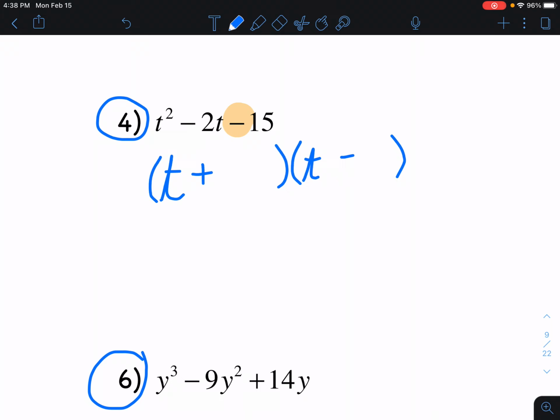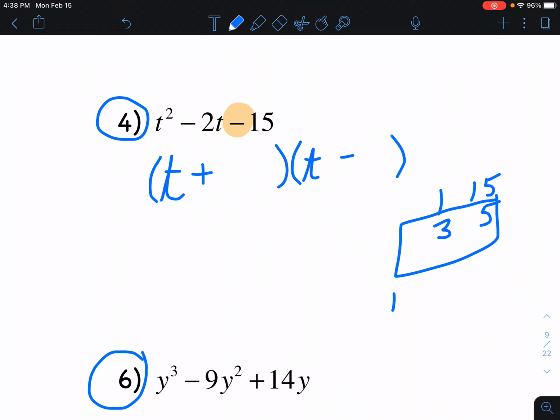Well, let's list the factors of 15. 1 times 15 and 3 times 5. Well, it would be this pair here, because they subtract to get my b term, negative 2. But I have different signs in my parentheses. I got a plus and a minus.